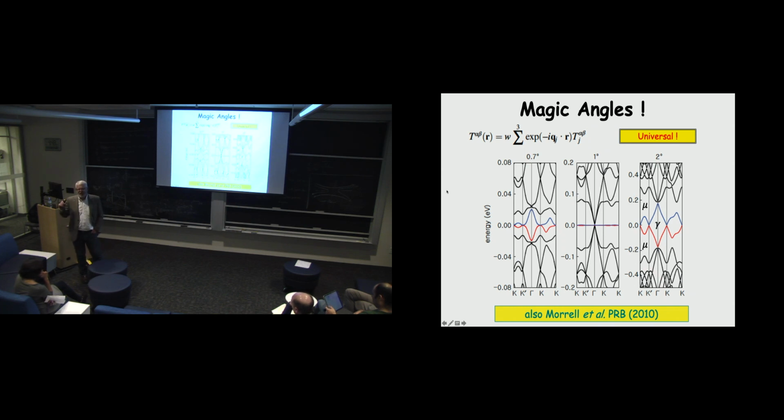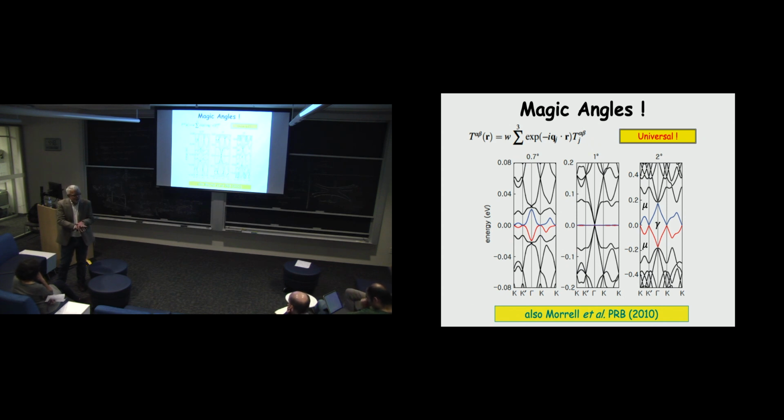When you scatter from a momentum measured relative to the Dirac point in one layer to the other layer, you get a big momentum boost, and you go to some very different momentum, and that means the energy is very different. For that reason, when the twist angle is large, the two layers are weakly coupled together. So if you take two graphene sheets and twist them relative to each other by 10 degrees, they hardly know that they're there. They're basically decoupled at 10-degree twist.